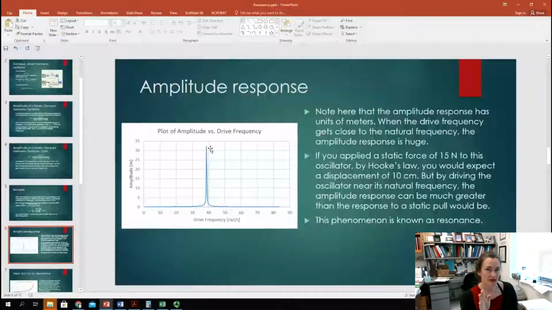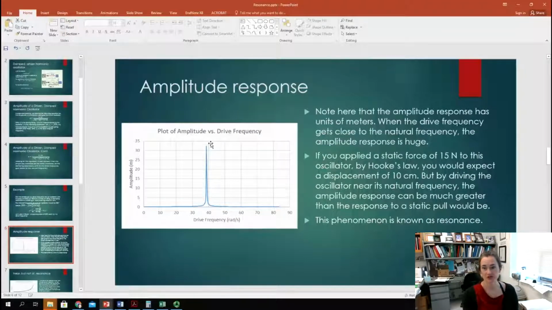Okay, so when I take that amplitude of force, 15 newtons, and push on it sinusoidally, you can see that the system begins to oscillate with an enormous amplitude that's much, much higher than what we would get for a static force of that same size. So you're really putting a lot of energy into that system when you continually push on it in that way.